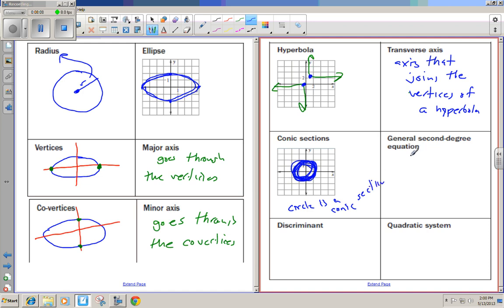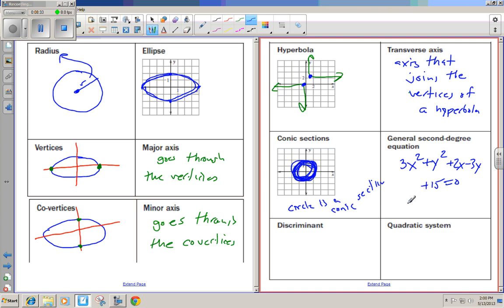An example of a general second degree equation would be something like 3x squared plus y squared plus 2x minus 3y plus 15 equals 0. This is just an example of a general second degree equation.